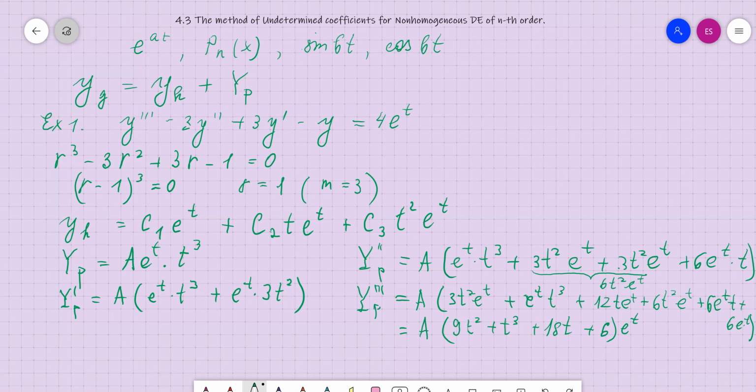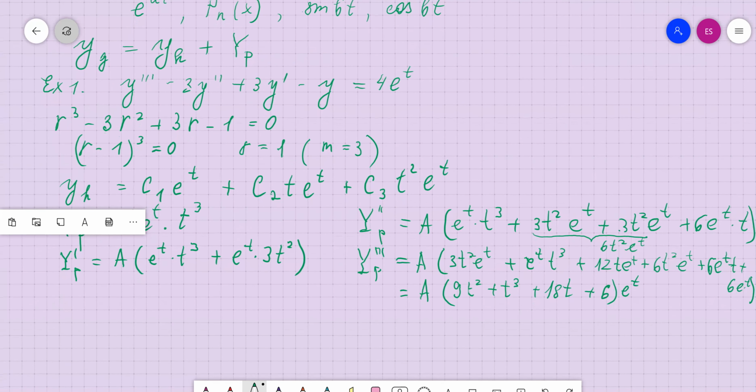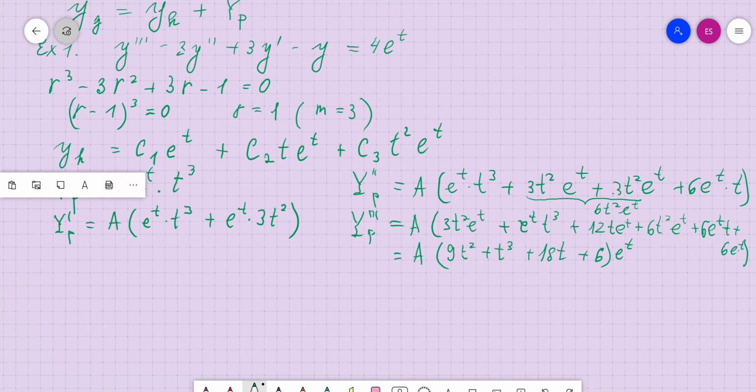Well, what I'm going to do now, I guess, is substitute everything into my equation and see what is going to happen. I'm going to scroll it a little bit up, but I don't want to go too far because I still want to see the derivative and the function, right? So first, the third derivative.